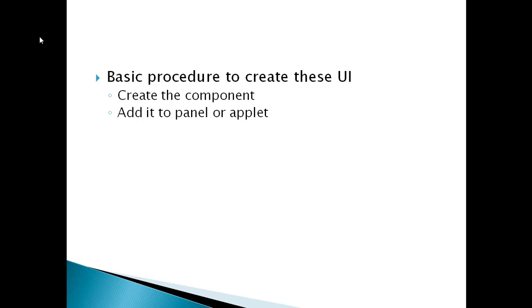Now the basic procedure to create these UI components, meaning how to create them in programming, we are going to study. First thing to keep in mind is to create the component.